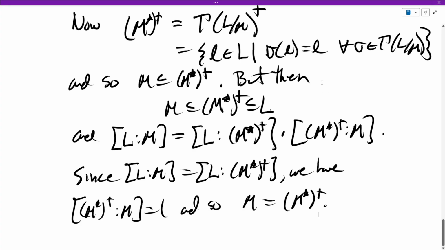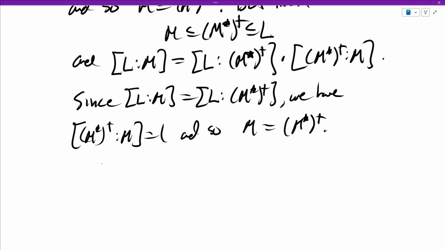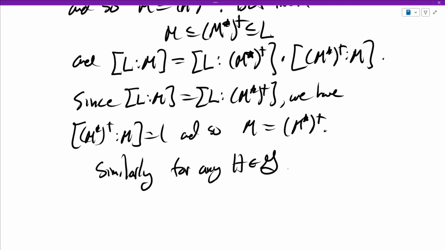In an exactly analogous way, if we have a subgroup of the Galois group, let's be a little bit more clear than in the book. For any H in the subgroups of the Galois group, if we were to write out H dagger star, what's H dagger?